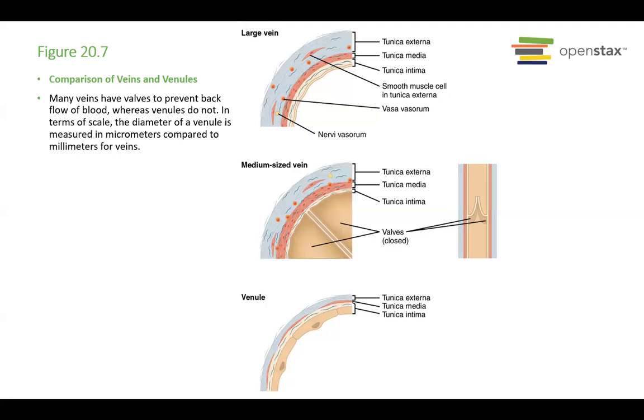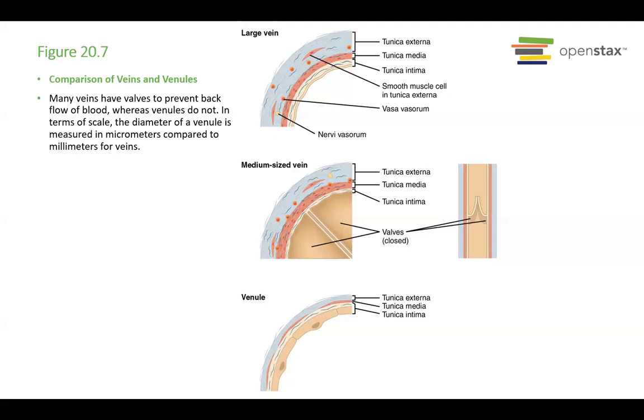So this blood that is flowing against the gravity, there are one-way valves to ensure that if the blood goes up and is trying to come down, it will be prevented. The veins will close to prevent the blood from flowing backward.